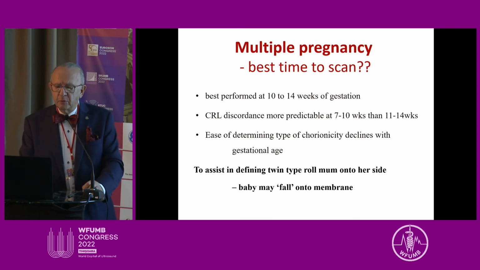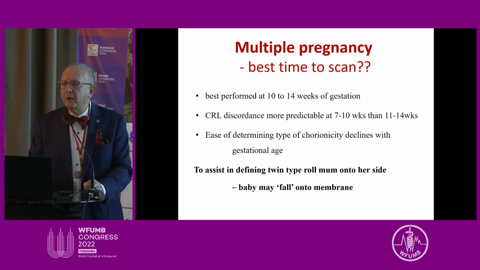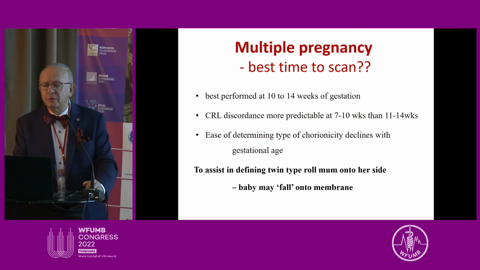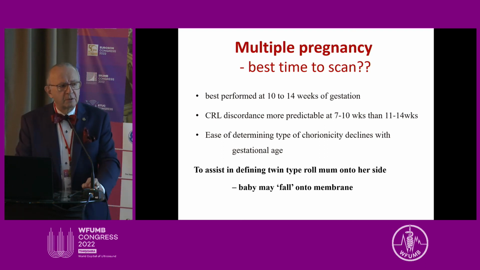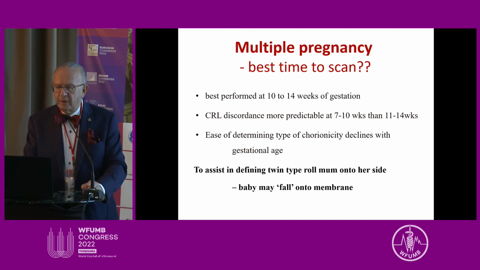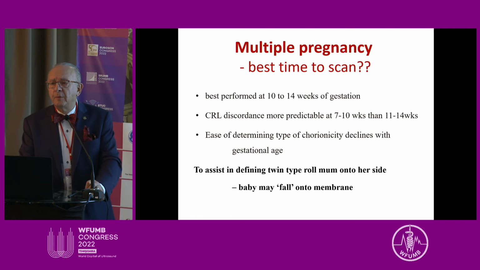There are cases where there is crown-rump length discordance, and very often this can be a very early sign of later development of twin-twin transfusion syndrome, and it's easier to see around 7 to 10 weeks than a little later. And to look at the membrane and the connection to the placenta is certainly much easier earlier in pregnancy than later.